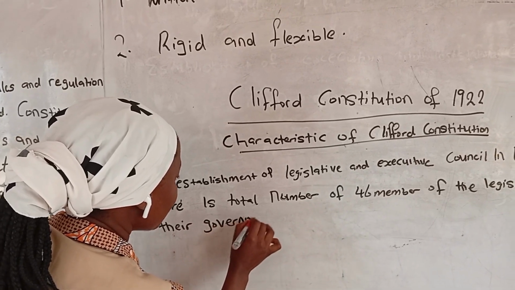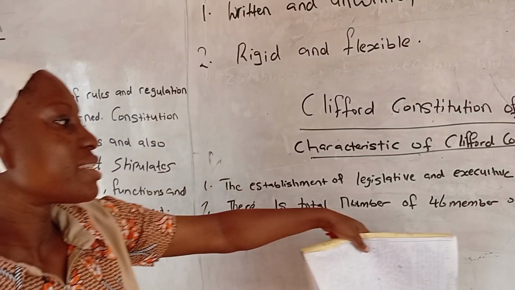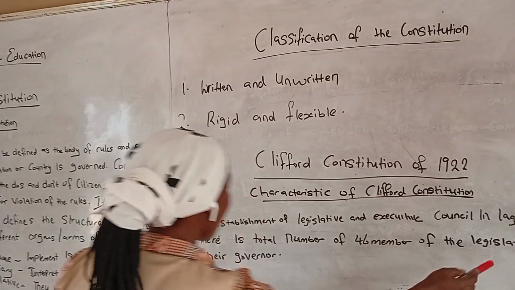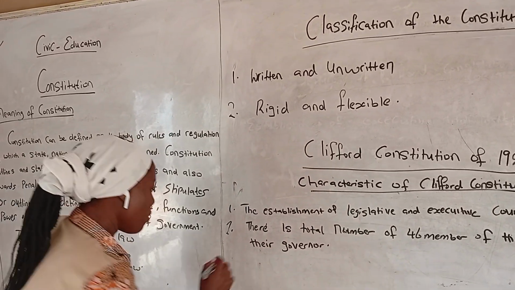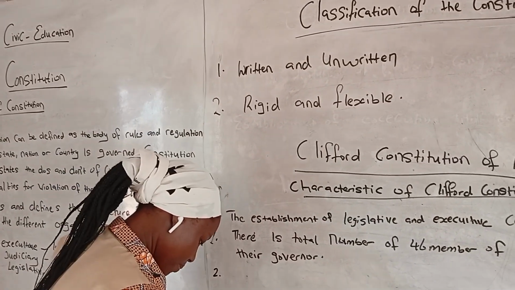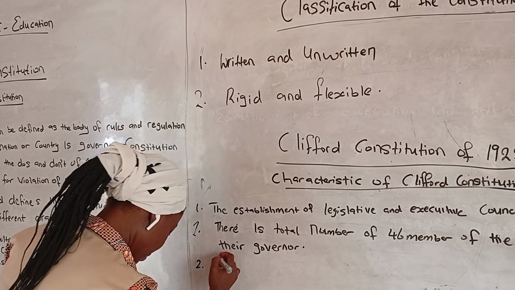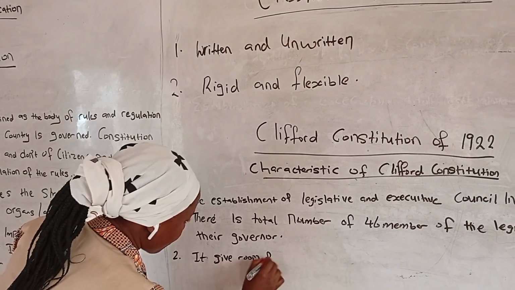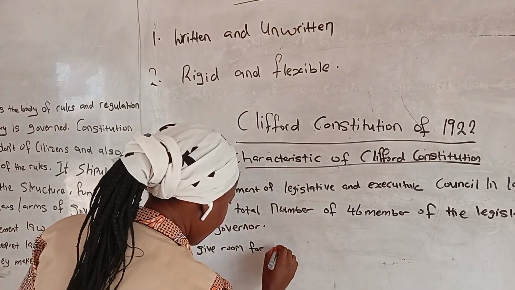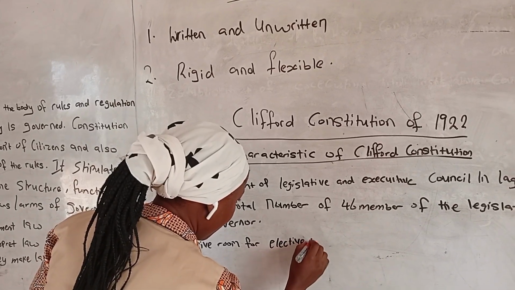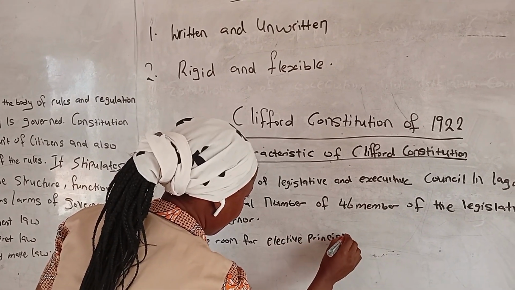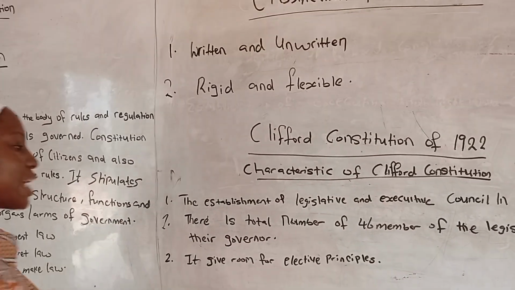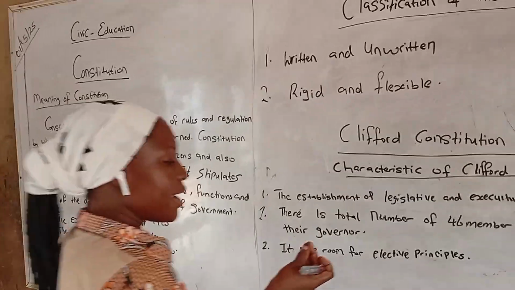So during the Clifford Constitution, there were 46 members of the legislative, the people making law, including the governor. Another one is that it gives room for the elective principle. And what do we mean by elective principle? That is, people are given the right to choose their leader.